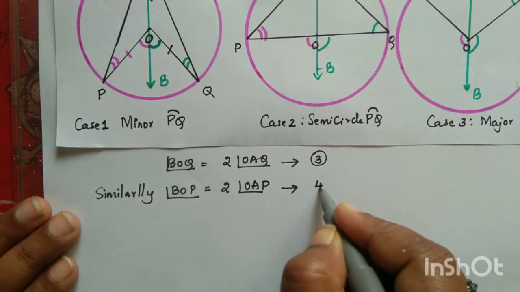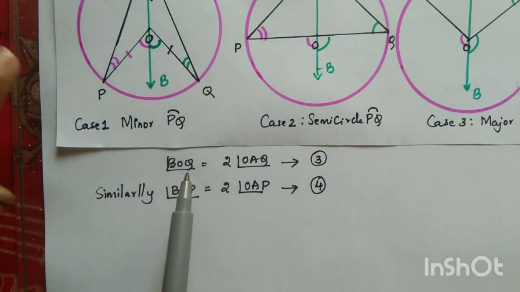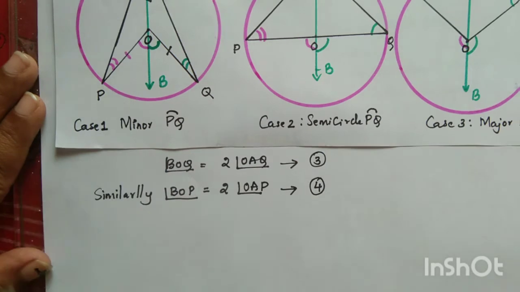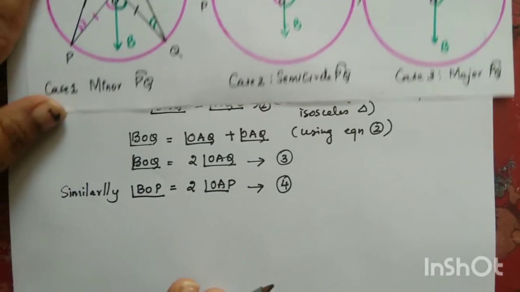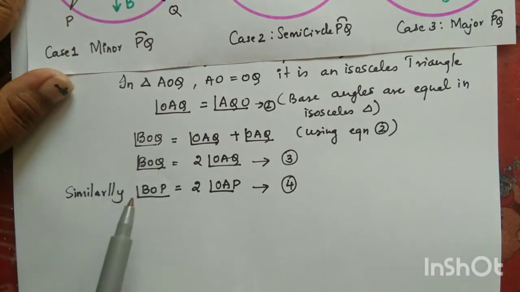Give this as equation 4. No need to prove this once again, because once you have shown it, the steps are going to be the same. In the previous case, the same way you are going to proceed. So no need to write the steps once again.